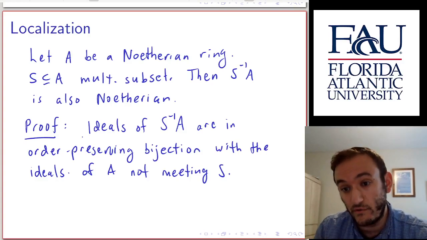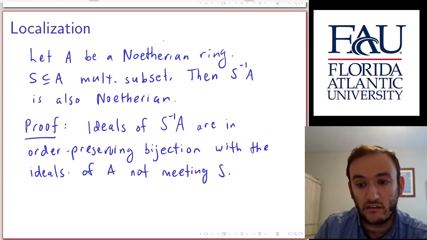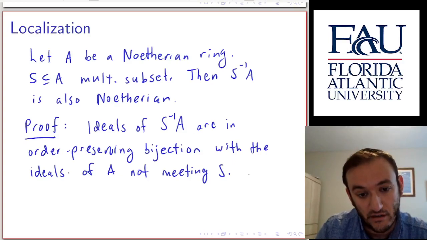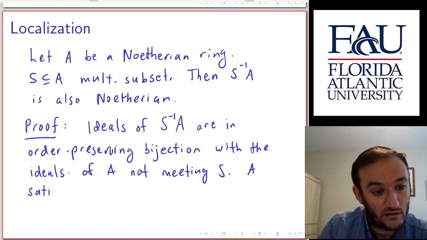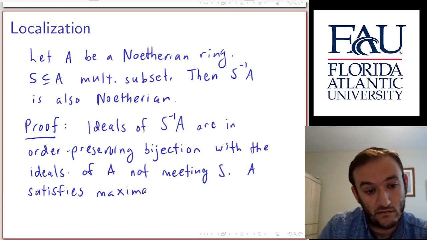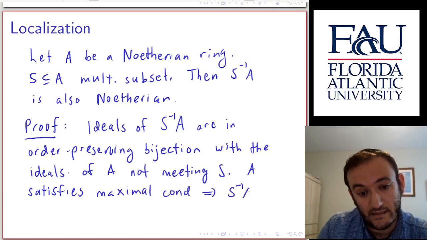Mapping that forward, using the same bijection, you have a maximal element in the localization. So A satisfies the maximal condition implies S inverse A has the maximal condition as well.